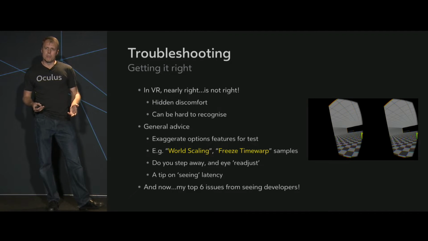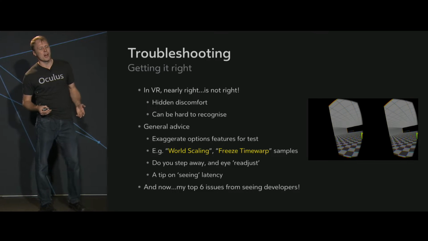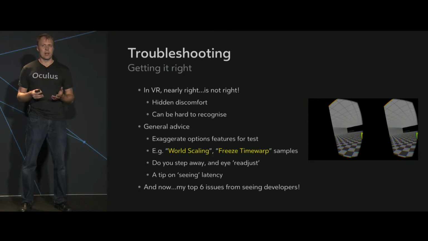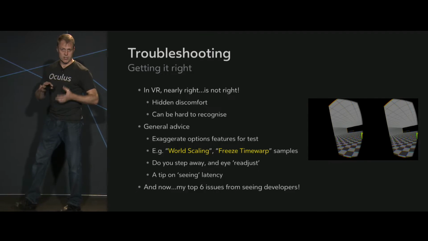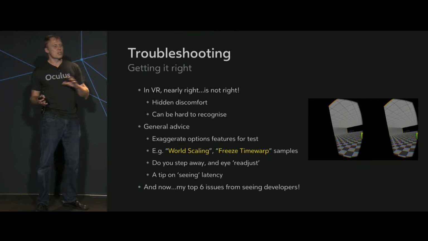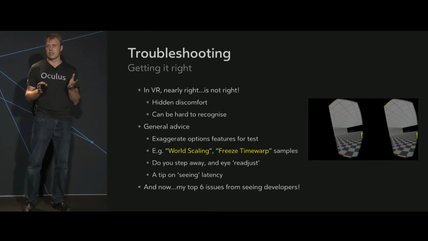A couple of examples with world scaling, where you have some art assets and they're perhaps not 1 unit to 1 meter like the SDK provides its poses. So instead of redoing all your artwork, you're going to want to just readjust the VR parameters. Doing this wrong can show up quite badly in terms of hidden discomfort.